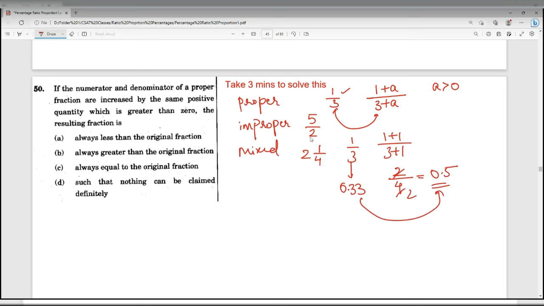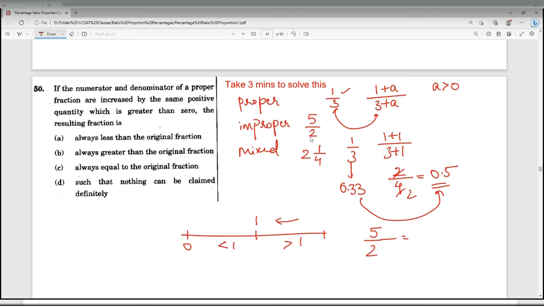So the normal property is, like this is a number line, and this is 0, and this is greater than 1, and this is less than 1, but between 0 and 1. So if any fraction is greater than 1, for example 5 by 2, and if you add an equal number in the numerator and denominator, the fraction would come towards 1.